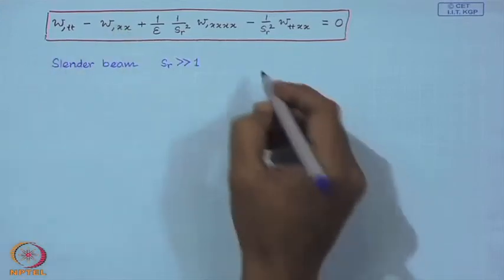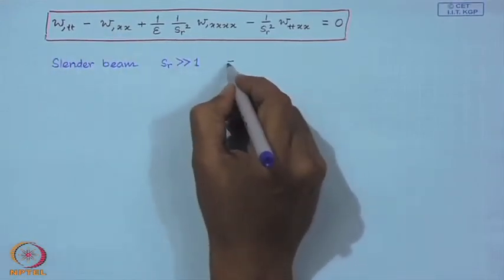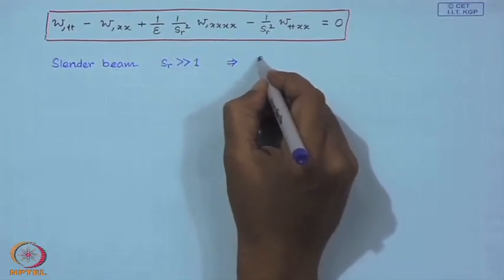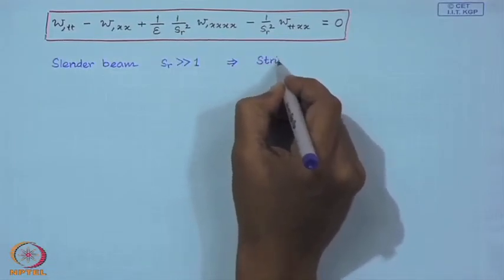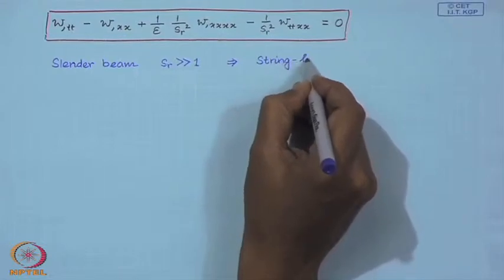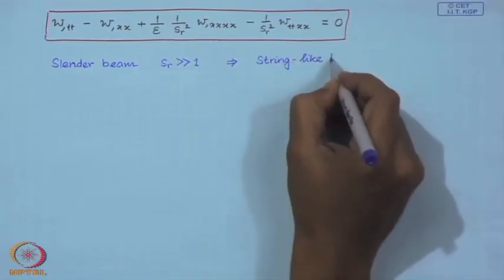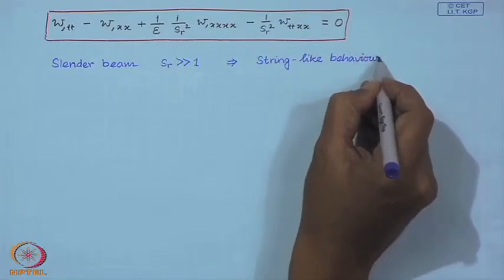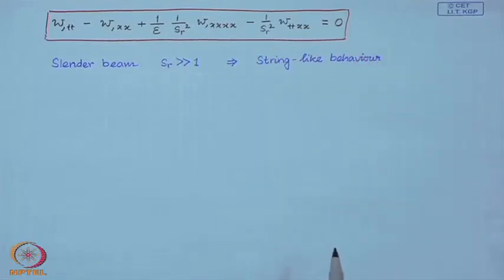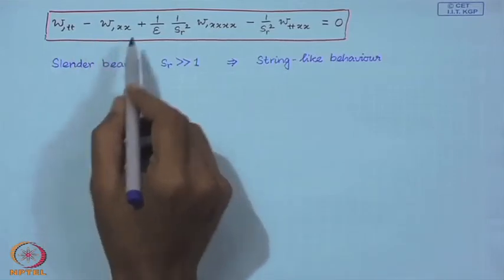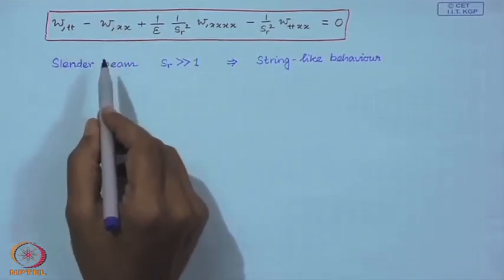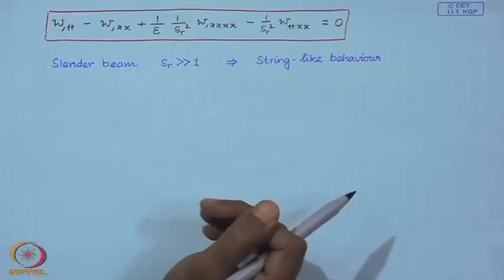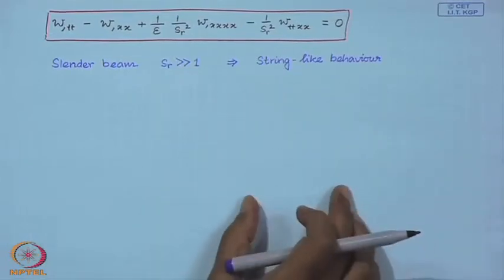So, in that case, we expect a string like behavior. So, in other words, we can treat a beam under tension, a very slender beam under tension, like a string.